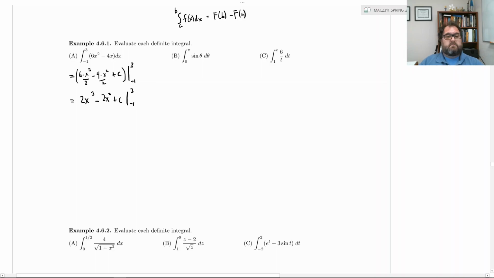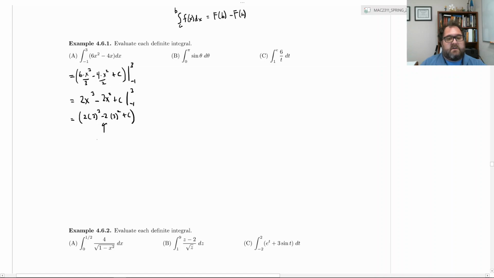Okay, now the next part is simply to find capital F of b, and here's how we would do it. Just use parentheses. We're just doing arithmetic from here on out. So we're going to plug in a 3. Actually, yeah, I'll use parentheses. 2 times 3 cubed minus 2 times 3 squared plus c.